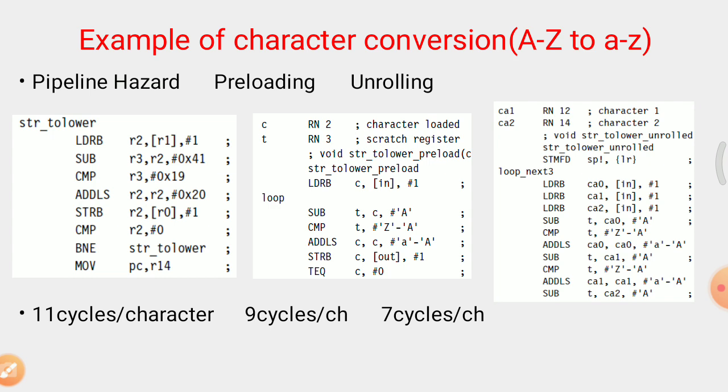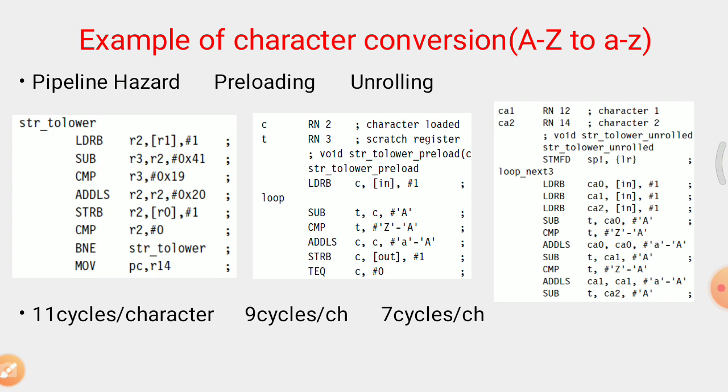In the first one, pipeline hazard, we can see that the second instruction, the SUB instruction, uses the value of the R2 register, that is SUB R3, R2, #0x41.